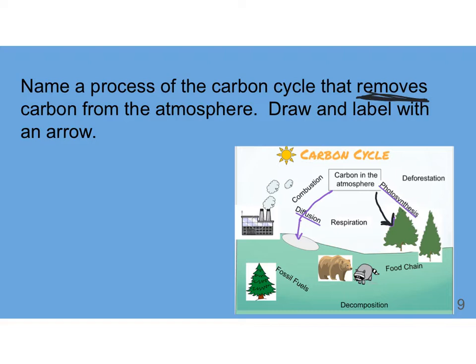So it went from carbon in the air to carbon now in the tree. Another process that removes carbon is diffusion. This is where carbon dioxide from the air now goes into a body of water through this process of diffusion. It's like the carbon is getting absorbed into the water.